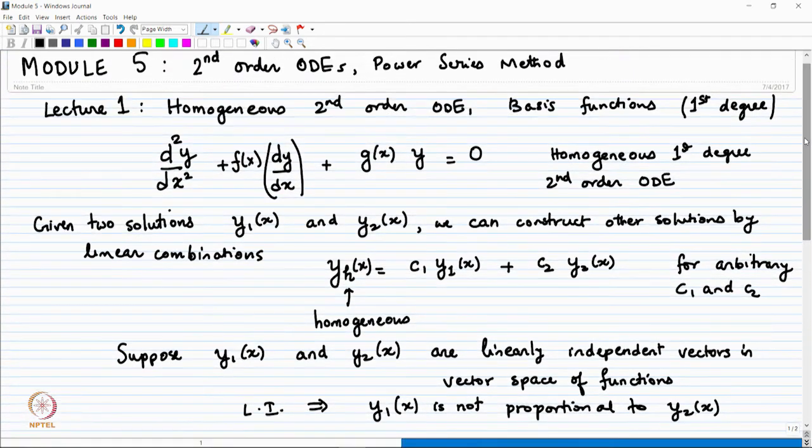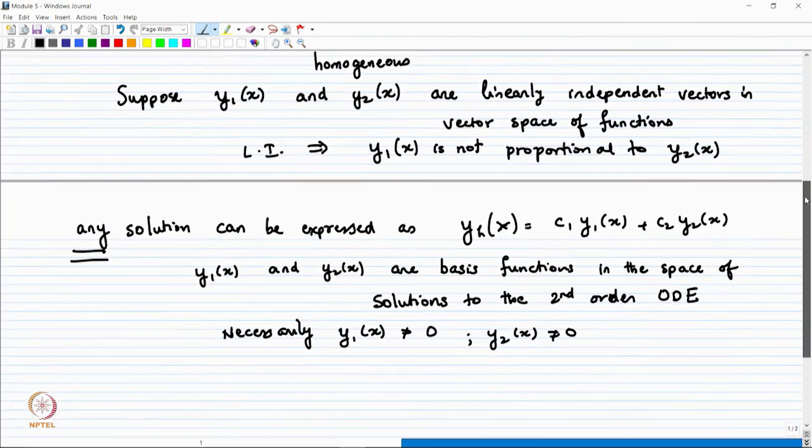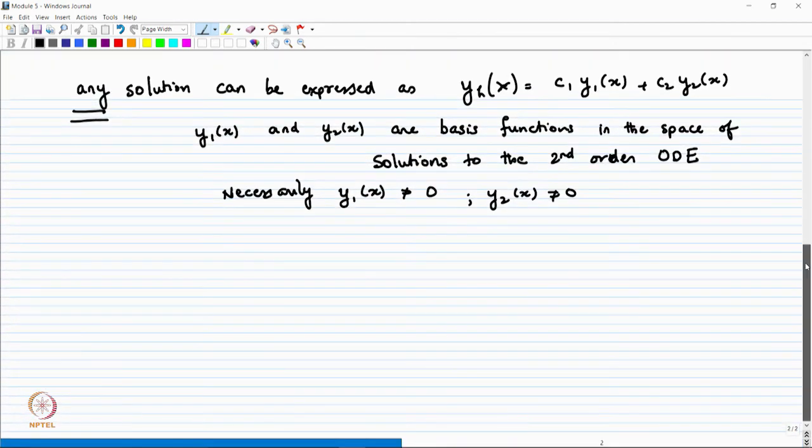So y equal to 0 satisfies it, and the non trivial solution is y1 of x not equal to 0, y2 of x not equal to 0. And if you can express any arbitrary solution as a linear combination of these solutions, then you can think of y1 of x and y2 of x as basis functions in the space of solutions.